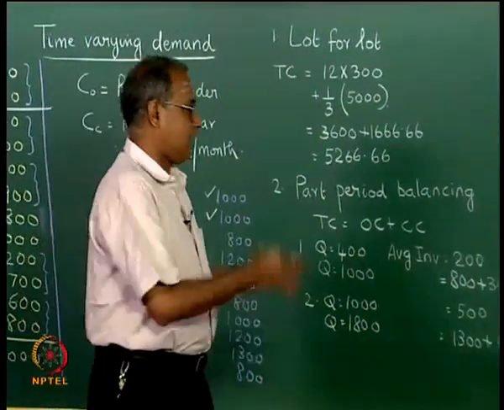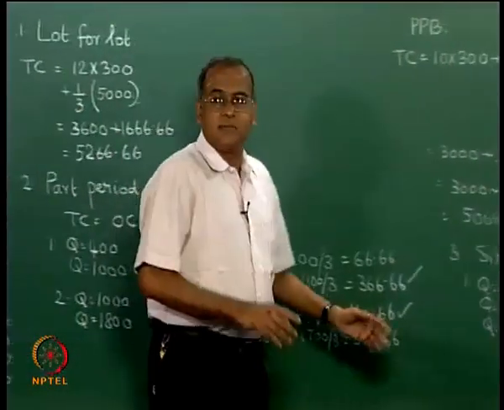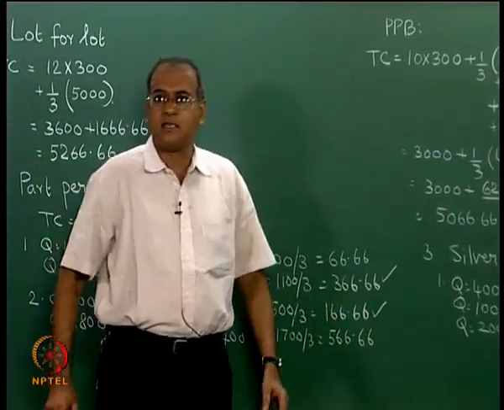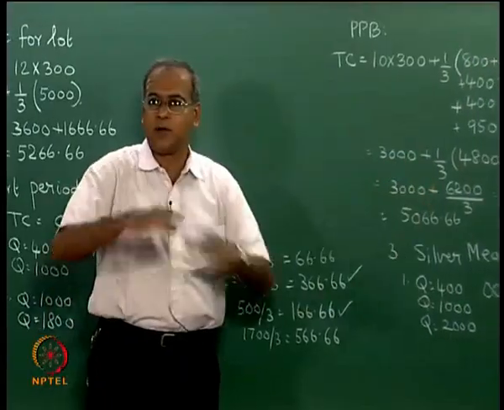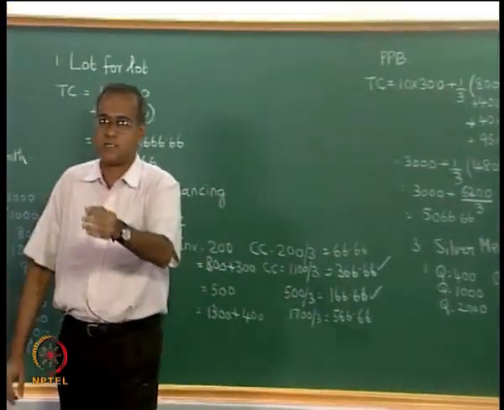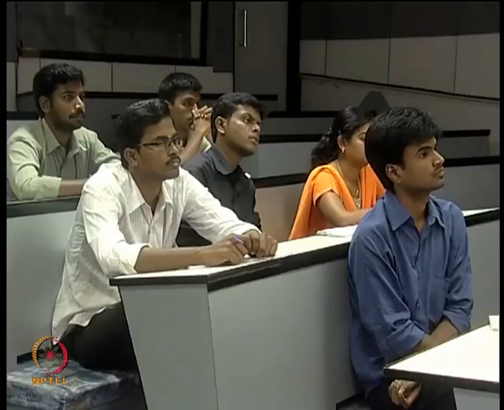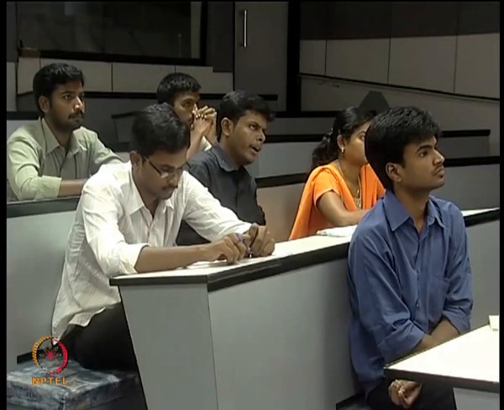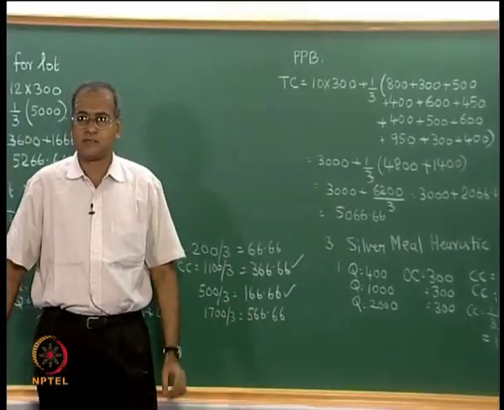Now, let us call it O as the optimum. O in this case is 5000, and H is the heuristic solution. In part period balancing it is 5066.66.